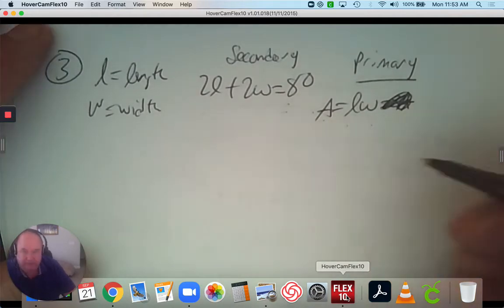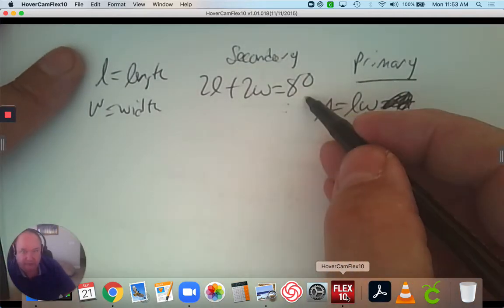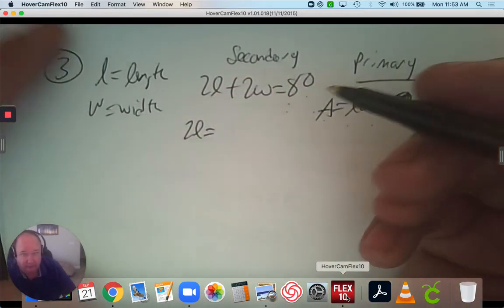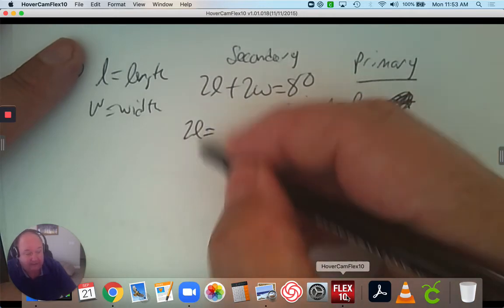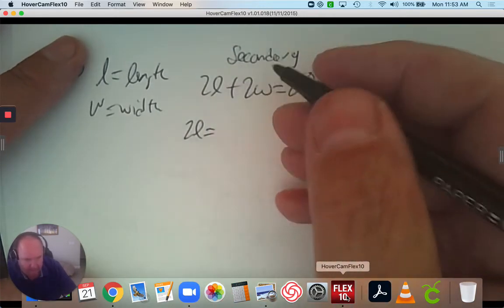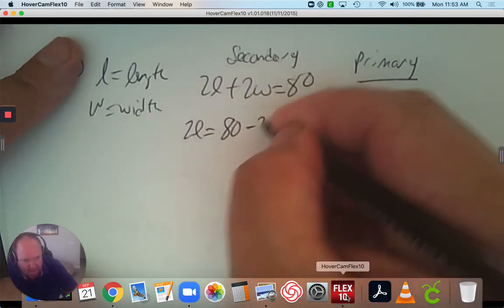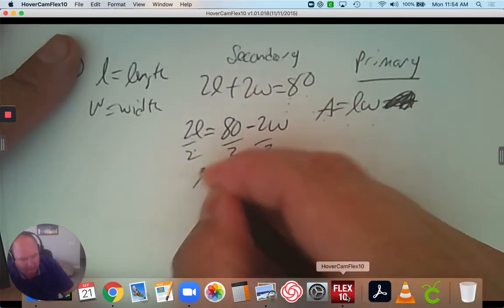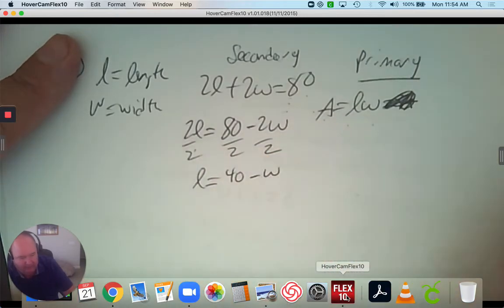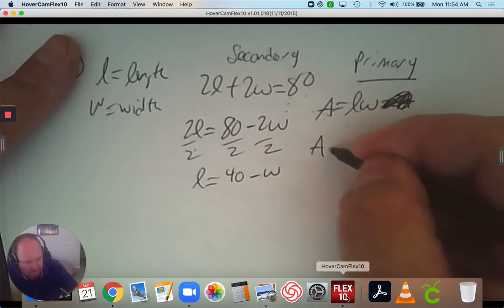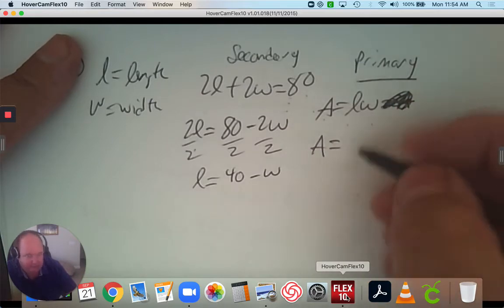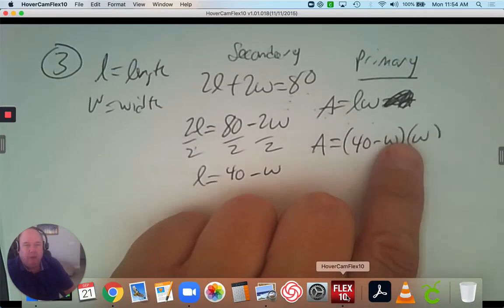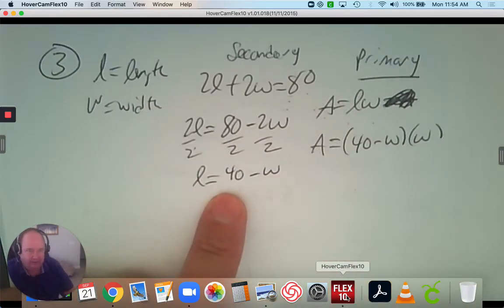I have too many variables there, so I have to solve for something. You could solve for L or W and it would work. I'm going to solve for L and plug in to have only W. So I subtract 2W to get L by itself and then divide everything by 2, and I get 40 minus W. I take out the length and put in 40 minus W, so now I have one variable when I take that derivative.